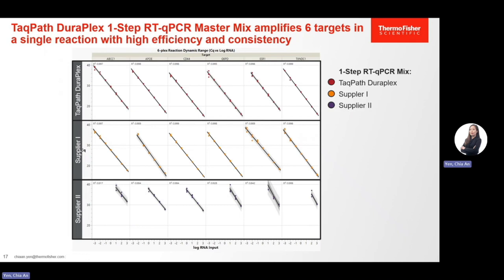Efficiency and linearity in amplification are critical for all targets in a multiplex reaction. However, these can be compromised when you scale up from single target to multiplex reaction. So to illustrate this, we want to see how Duraplex compares to supplier 1 and 2 in amplifying a 6-target reaction.